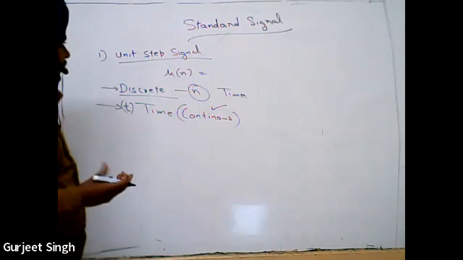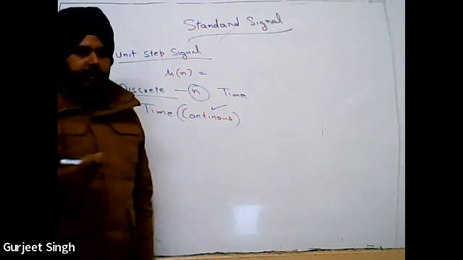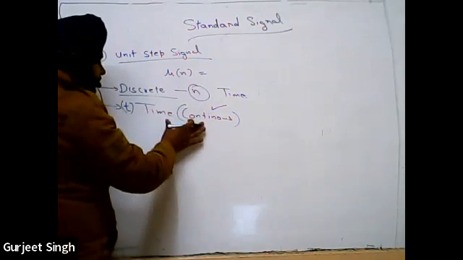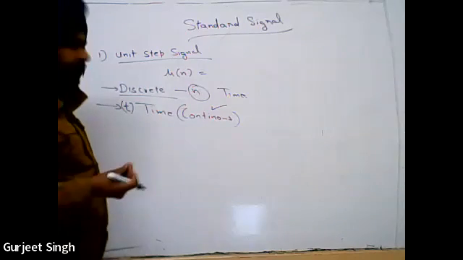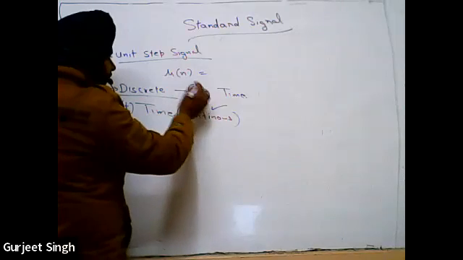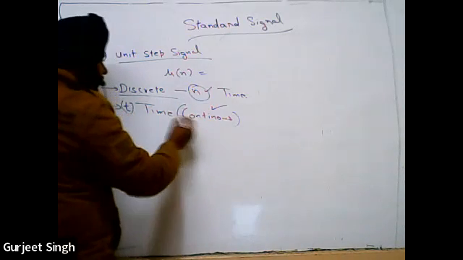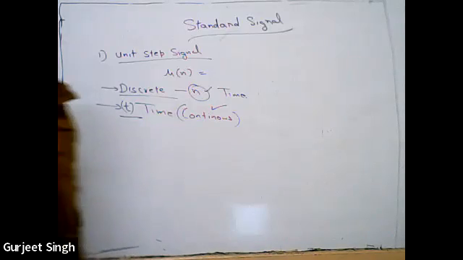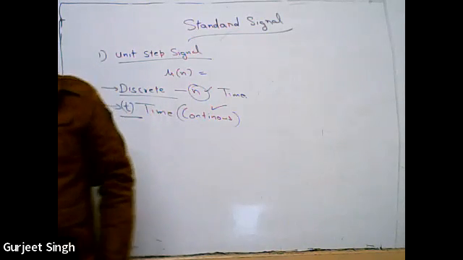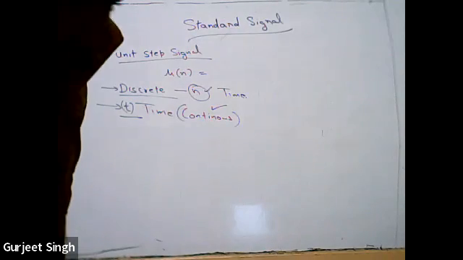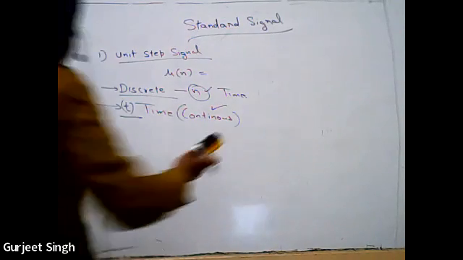So for each signal I will explain both types: first the discrete type, then the time domain continuous type. In discrete type, time is represented by n, and in the continuous type, time is represented by small t.